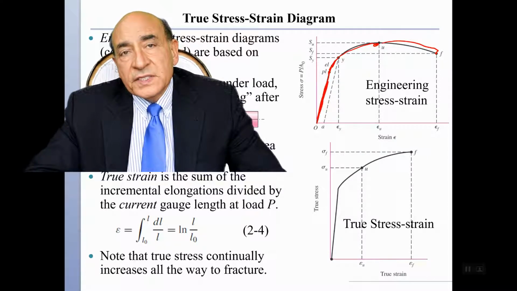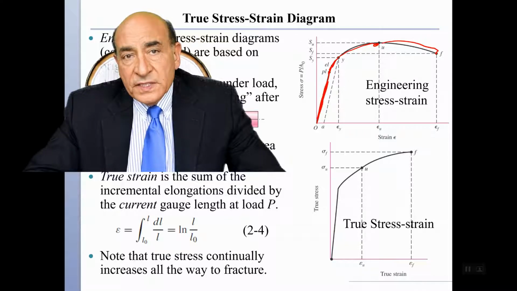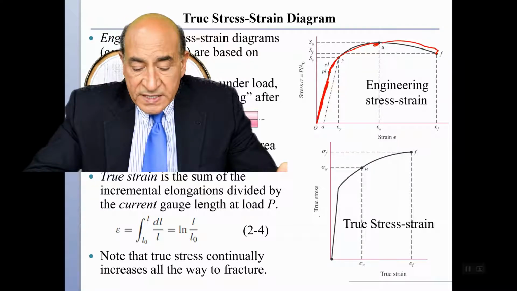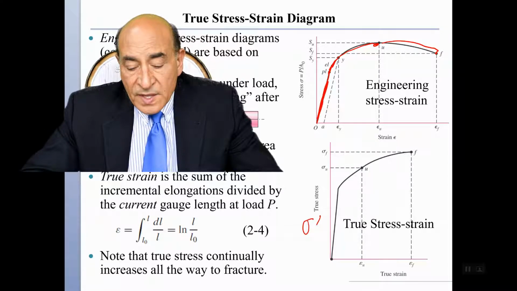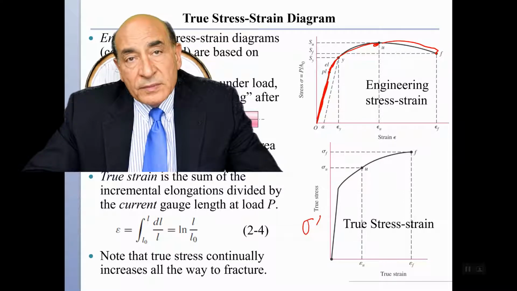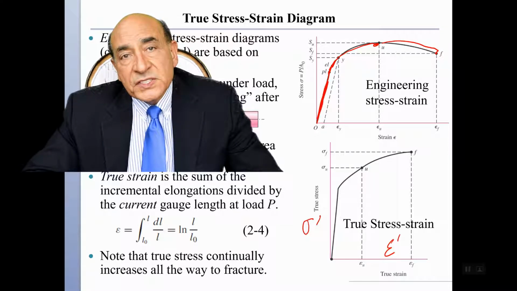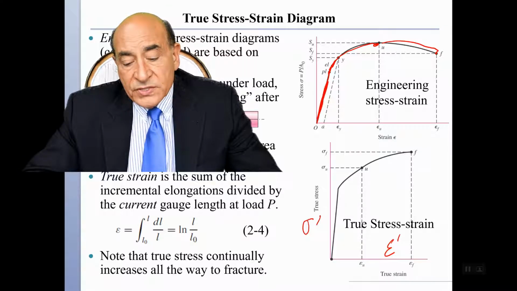Typical behavior that's seen. However, if I compute now the true values of the stress and the strain, the true stress I'm going to call it sigma prime to differentiate it from the engineering value, and the true strain I'm going to call it epsilon prime to differentiate it from the engineering values.